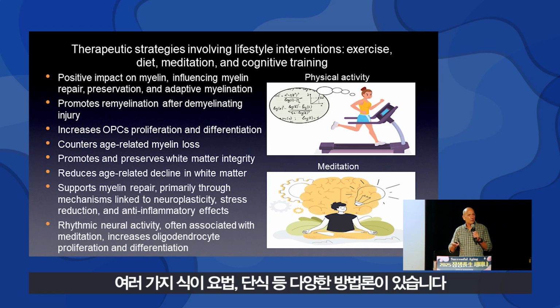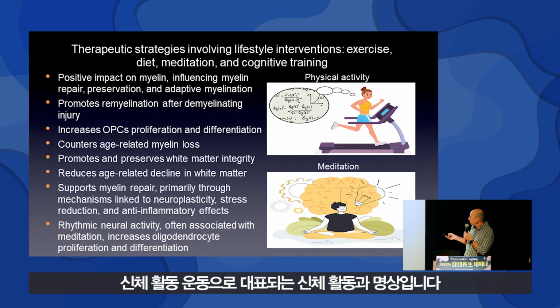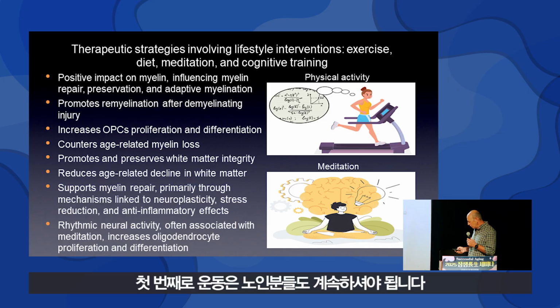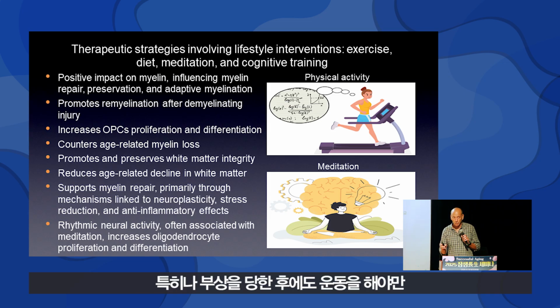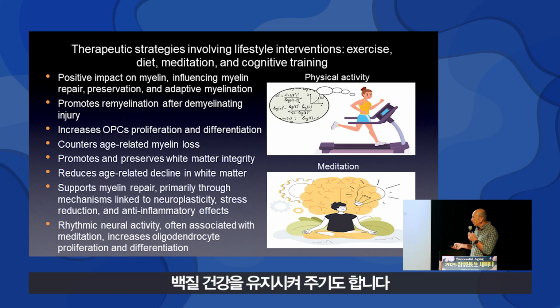There is the effect of diet, there is the effect of fasting, there are a lot of effects. But two things I want to mention that I think are important: one is physical activity, and the other is meditation. Physical activity, also in old age, promotes remyelination, especially after injury, and it also preserves the white matter.